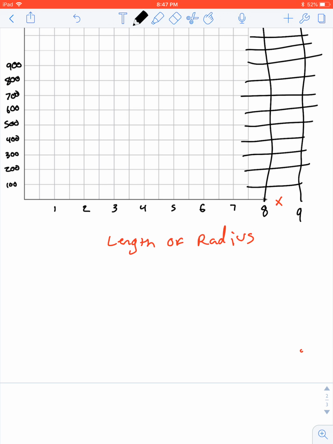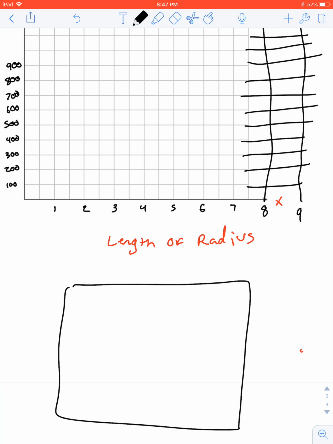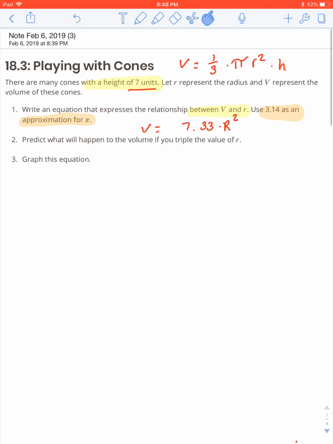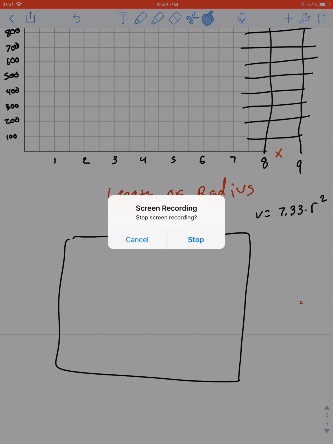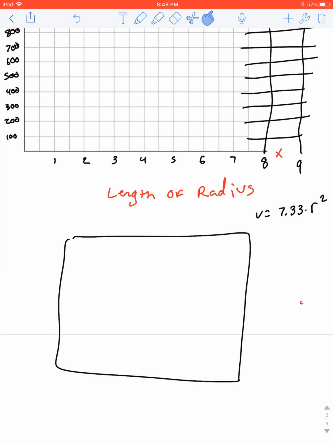So, I'm going to make ourselves a little table, right here, where we are going to use our wonderful V equals 7.33 times r squared equation that we made up back at the top. I'm just going to plug in some numbers here to see what happens, okay?